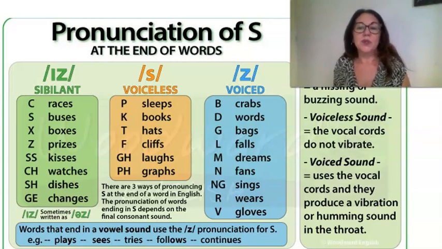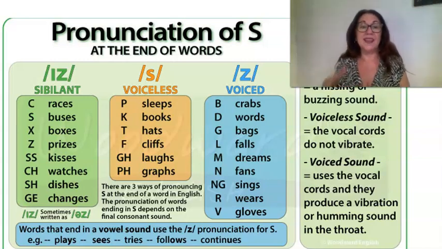When do I produce the combination ez to pronounce the final S? When the last sound before the S includes a kind of S sound. So, those sounds already have a kind of S sound.